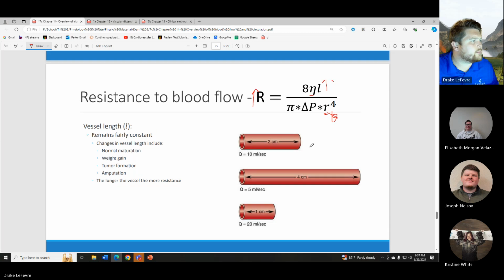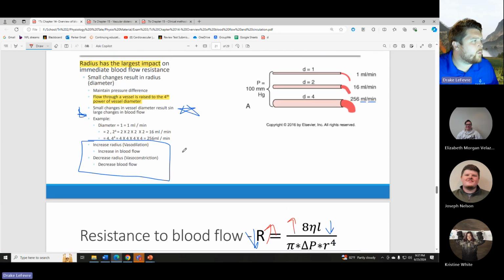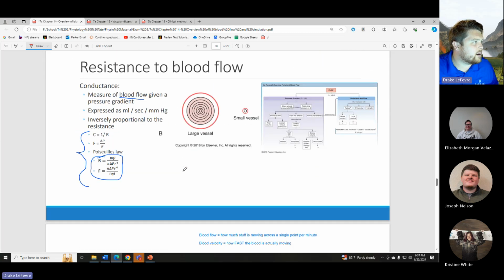And if we go way back and we compare resistance to blood flow, knowing these equations is super, super important. We're going to need to start to compare these kinds of things. So flow is change in pressure over resistance.